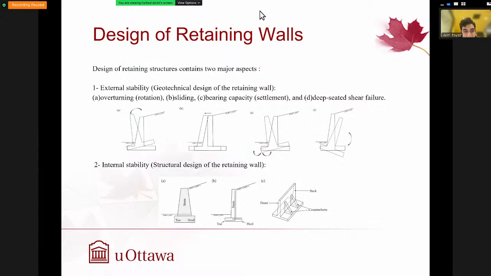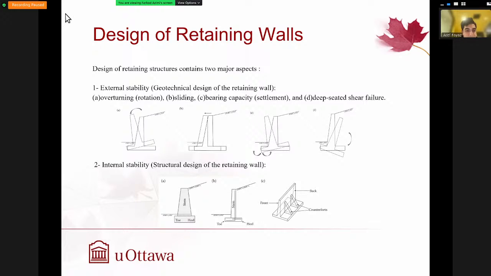External stability covers the cases that we're trying to avoid, such as overturning, otherwise known as rotation. It's the first case you see on the left. And then we're going to have sliding, case B, bearing capacity or settlement, as well as deep-seated shear failure.